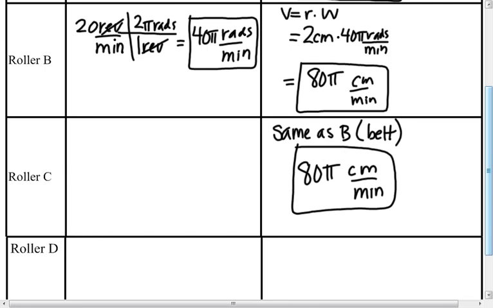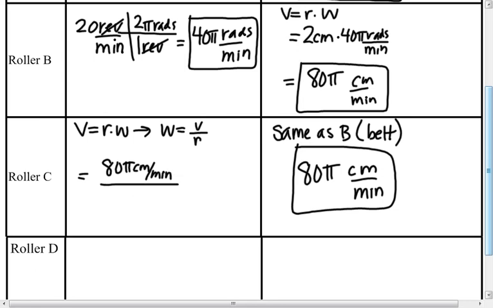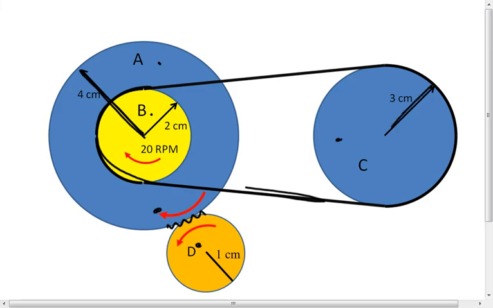Okay, then over here, again, I know that V equals R times W, and I'm trying to find W in this case. So W is V over R. Okay, so in this case, I will have my V, which is 80 pi centimeters per minute. And if I look at roller C back on the diagram, the radius for roller C is 3 centimeters.